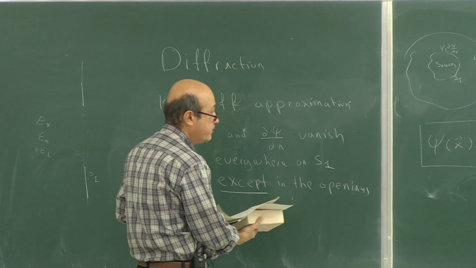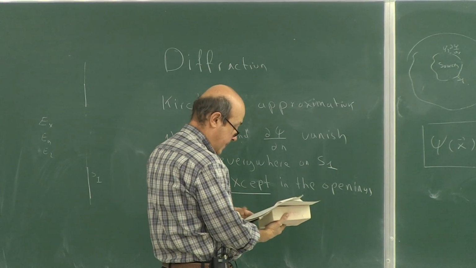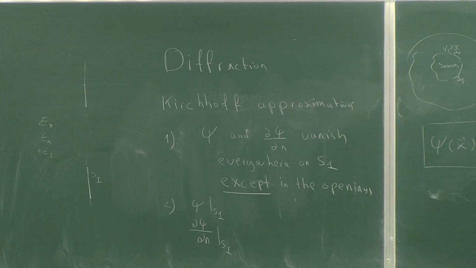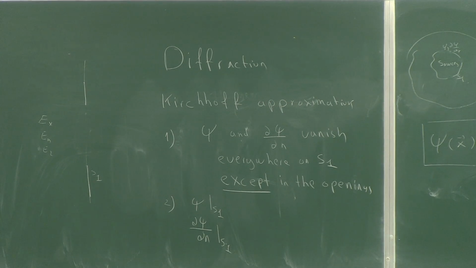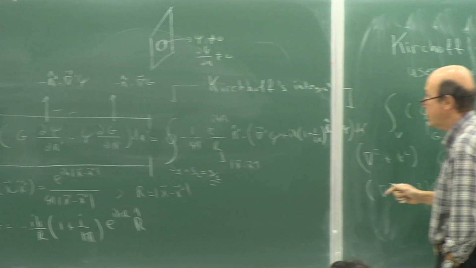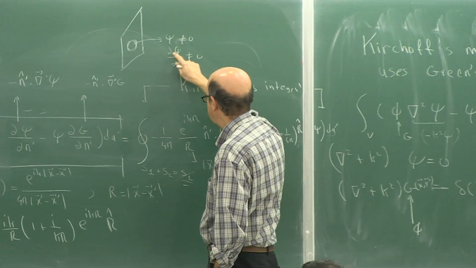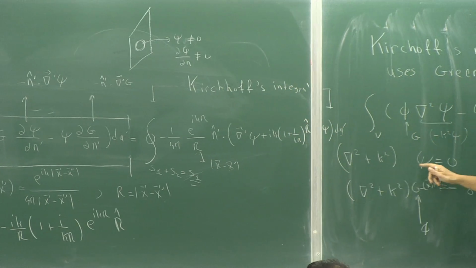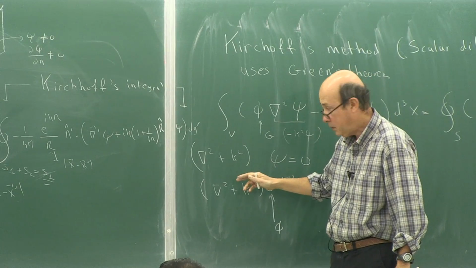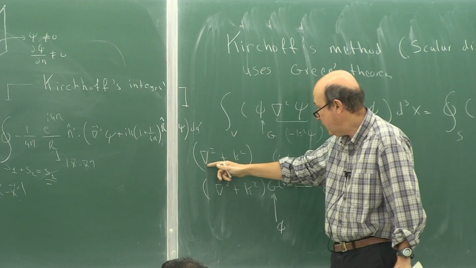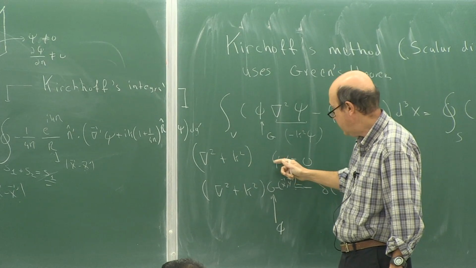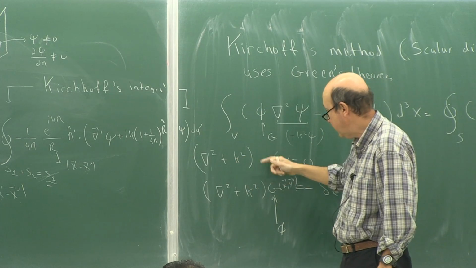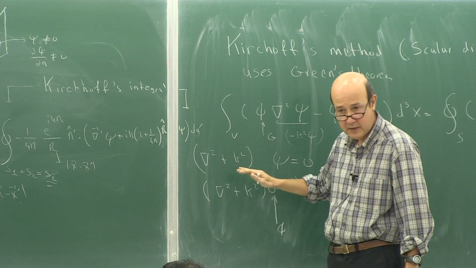Now let us raise the Kirchhoff integrals. There are some difficulties. If we have a region such that phi and del phi over del n are equal to 0 in both cases, then the solution should be 0 everywhere, because if you think about the wave equation with phi and del phi over del n equal to 0, the solution should be 0 elsewhere.